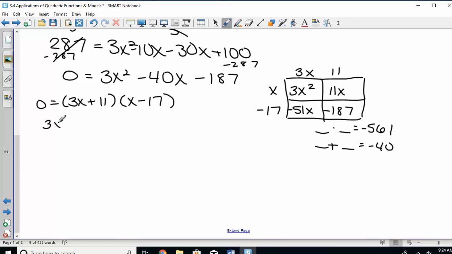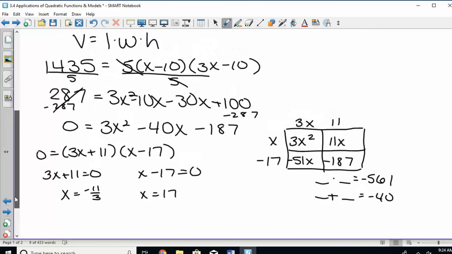If you set each of those equal to 0, subtract our 11, divide by 3, we get negative 11 thirds and positive 17. Okay, the question asked a few things.